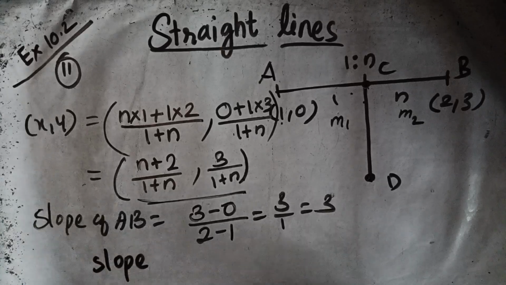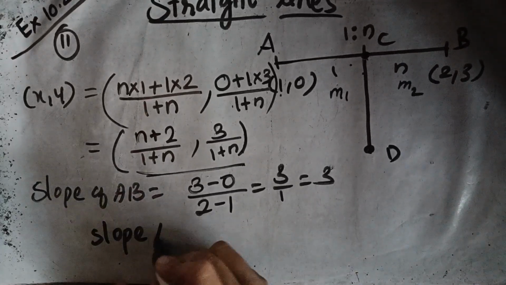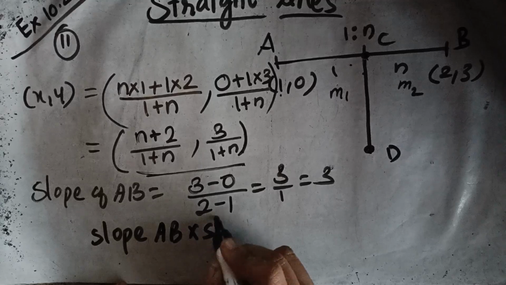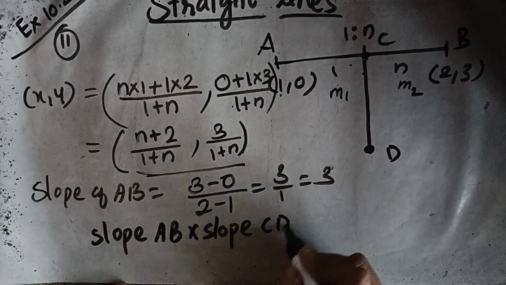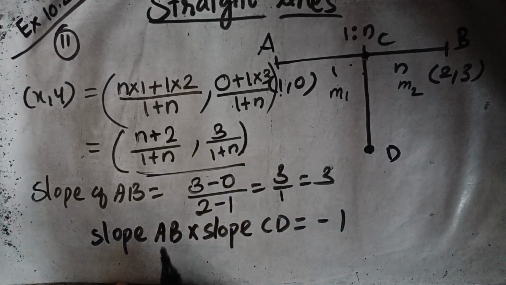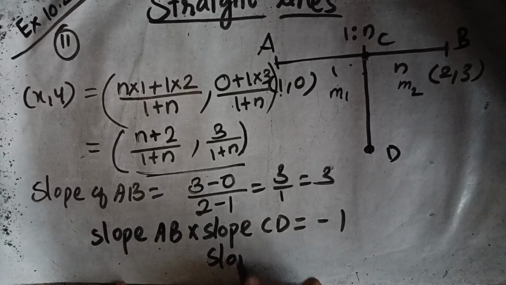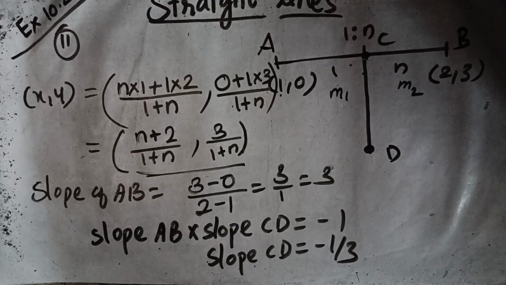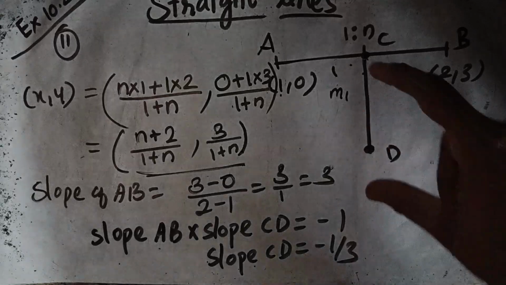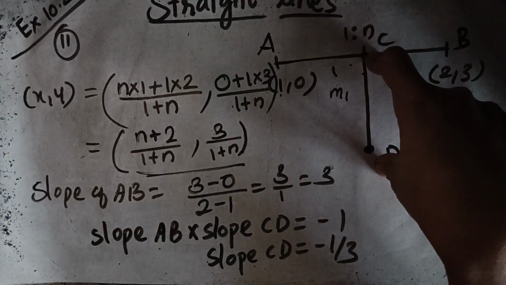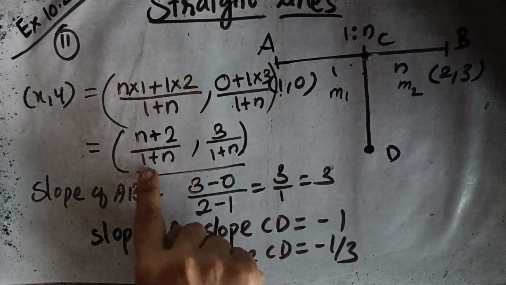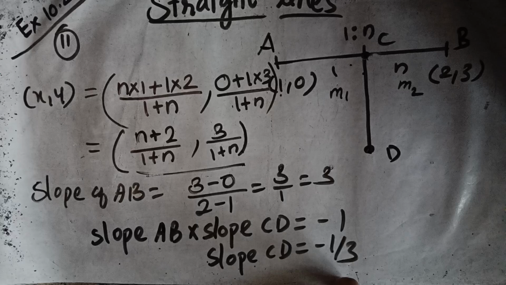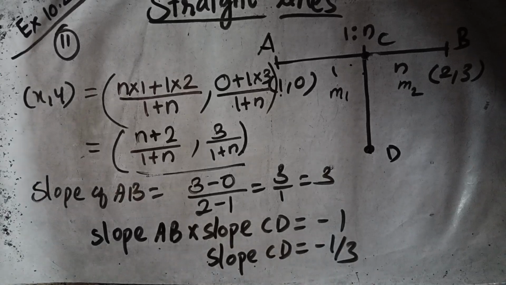Both are perpendicular, so we can take the condition slope of AB into slope of CD equal to minus 1. AB is 3, so slope of CD is minus 1 by 3. Okay, we have to find the equation of this perpendicular line. So we can make use of this point and this slope. So we can write it in the slope point form.